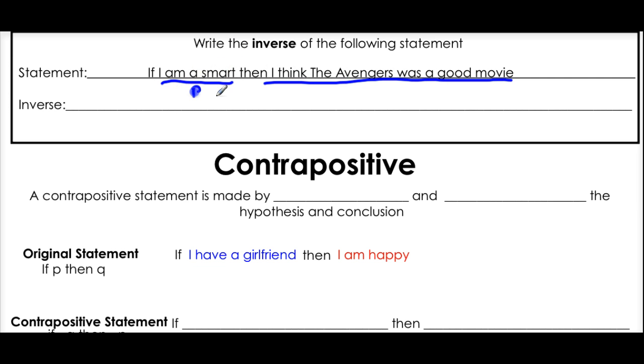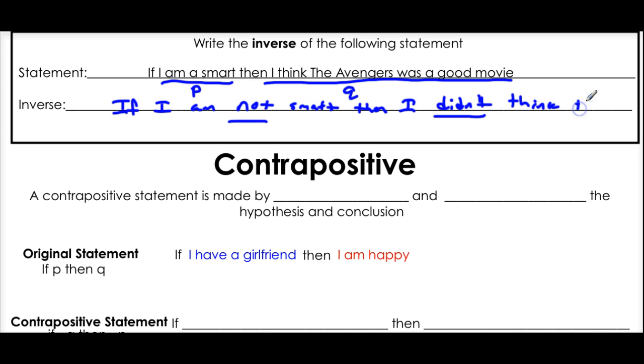So we have our P and we have our Q. All right, and now we just have to rewrite this and negate both the P and Q. So if I am not smart, then I didn't think The Avengers was a good movie.